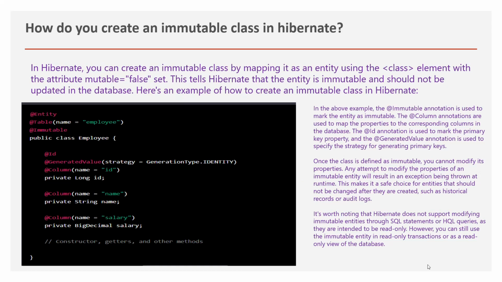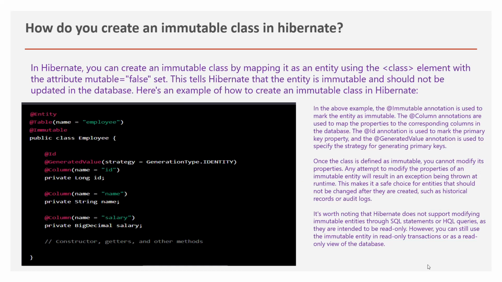The @Id annotation is used to mark the primary key property, and the GeneratedValue annotation is used to specify the strategy for generating primary keys. Once the class is defined as immutable, you cannot modify its properties. Any attempt to modify the properties of an immutable entity will result in an exception being thrown at runtime.